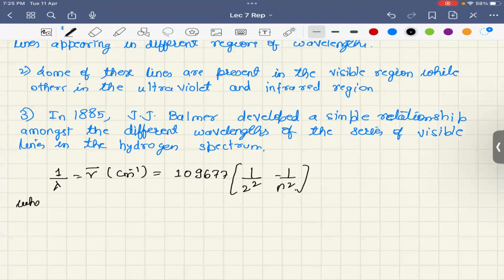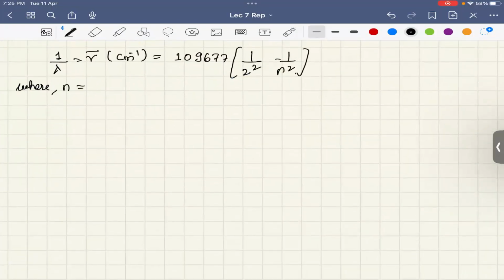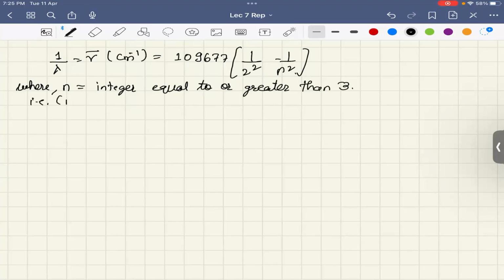Where n is an integer equal to or greater than 3, that is, n can take value 3, 4, 5, etc. And this expression is known as Balmer formula.